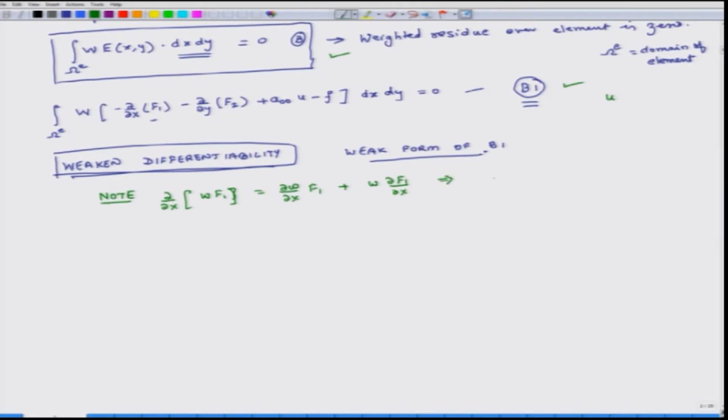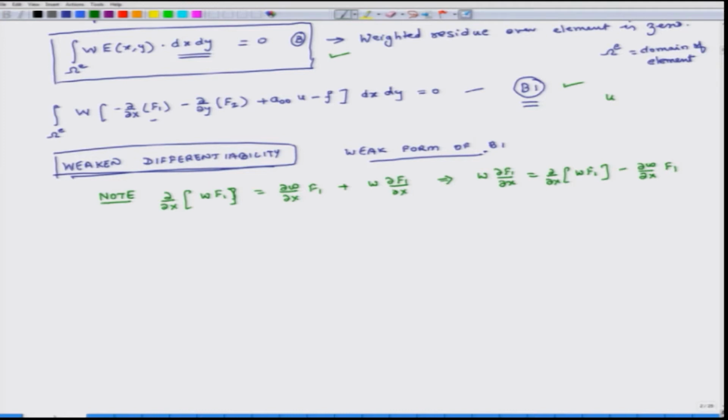So, this gives me w times the partial of f1 with respect to x equals this relation.